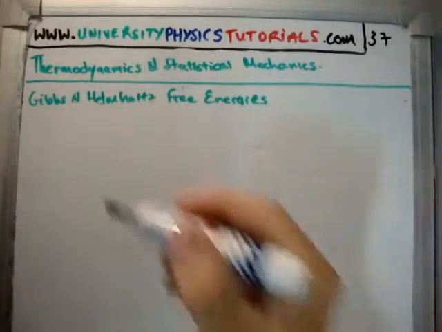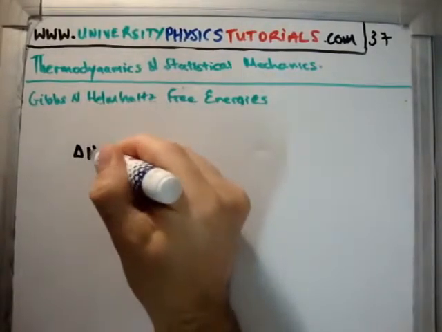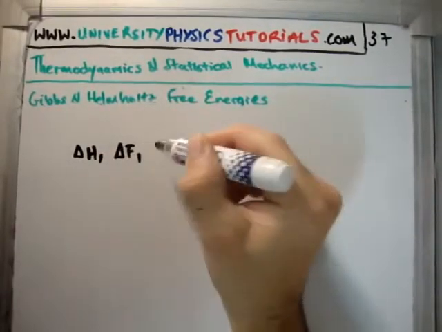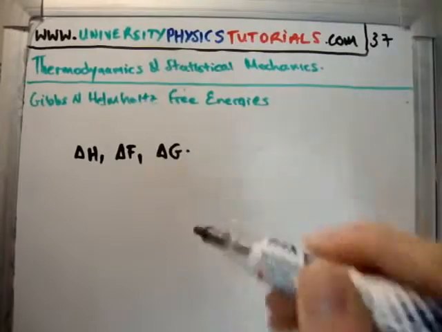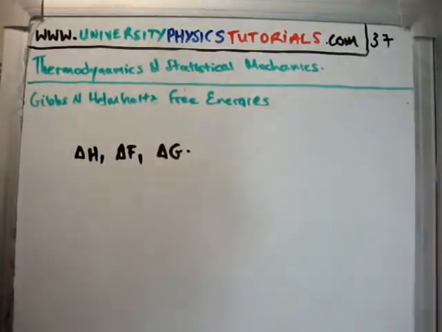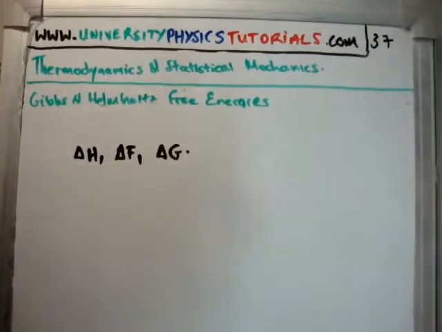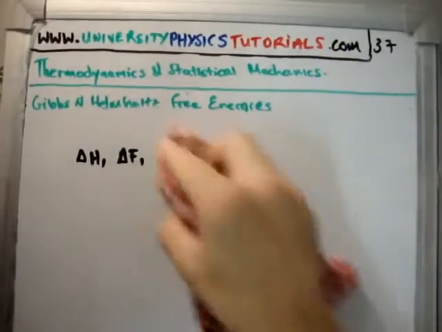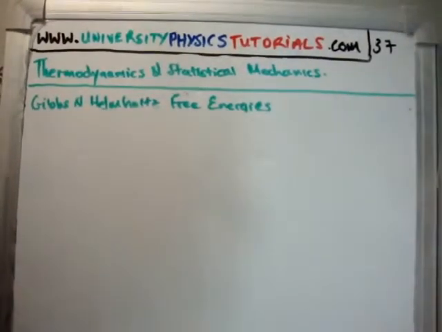So usually what we actually examine is the change in the enthalpy, the change in the Helmholtz, and the change in the Gibbs free energy, because it's rare that we actually destroy or annihilate our system. So we usually just look at the changes when we're analyzing what's going on.